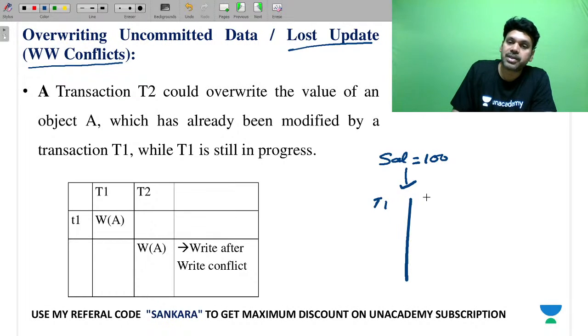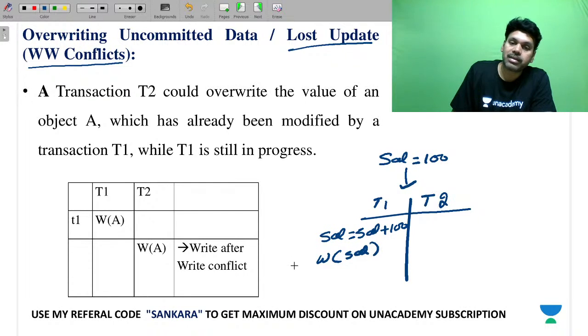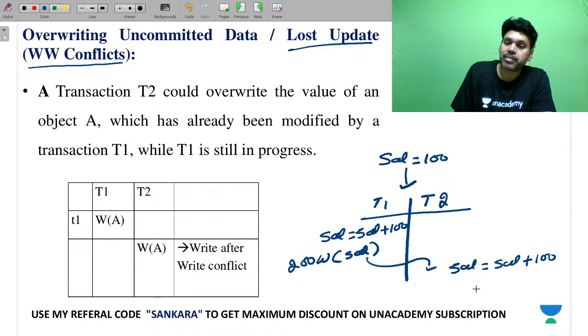And two transactions are executing, T1 and T2. T1 is performing sal is equal to sal plus 100. Then he got write of sal, which is 200. Somebody takes it and he is also doing sal is equal to sal plus 100.